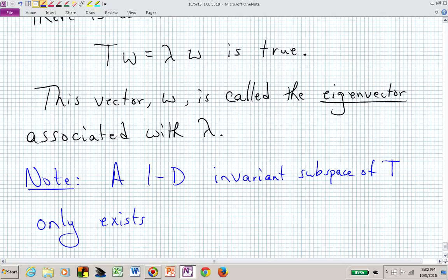When is that equation going to be true? When we can find a w and when we can find a lambda. We need to have a lambda. So T has to have an eigenvalue for this relationship to exist, or for us to have a one-dimensional invariant subspace. A one-dimensional invariant subspace of this linear map T only exists if T in fact has an eigenvalue.